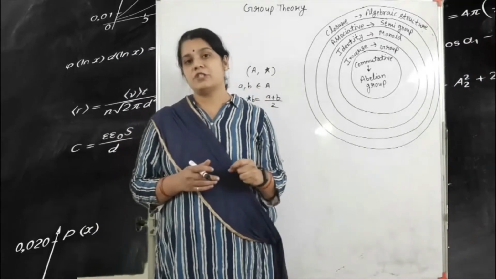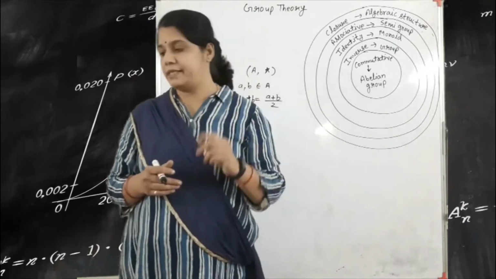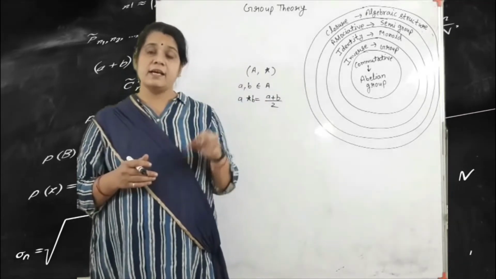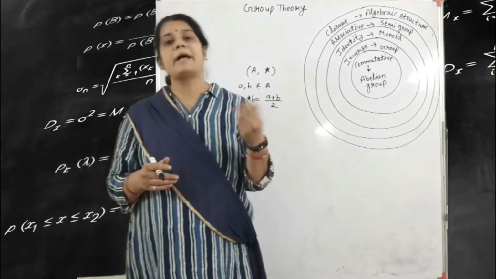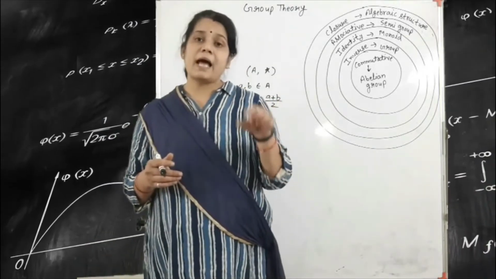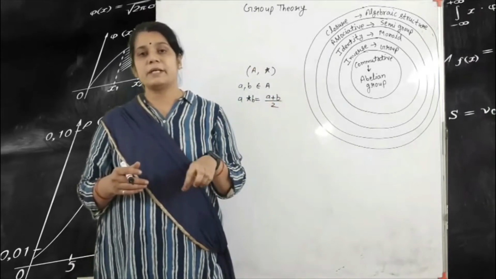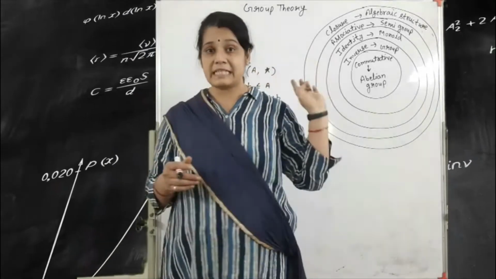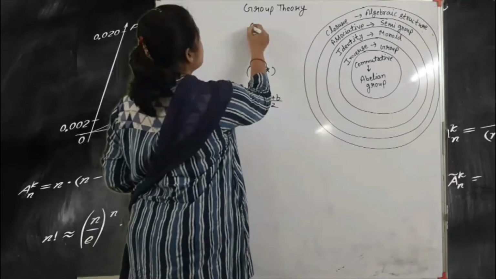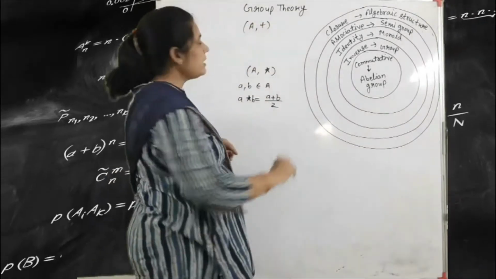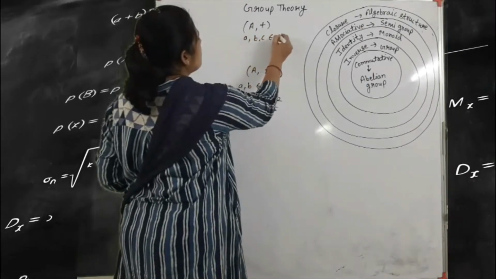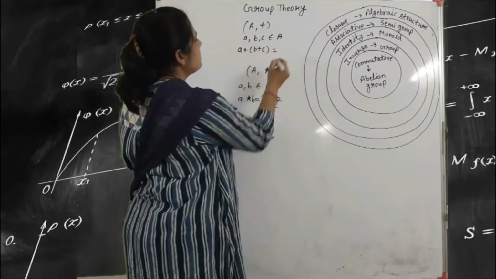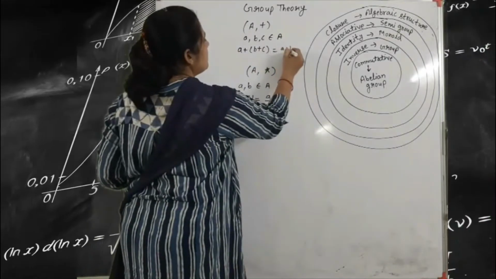What do you mean by the associative property? If we have three elements a, b and c belonging to set A, and the operation is, for example, plus or minus or multiply, then if we apply this operation on these three elements, we get a plus b plus c, which also belongs to set A. For example, we consider the set A and the operation is plus, and a, b, c belong to set A. The associative property means (a plus b) plus c is equal to a plus (b plus c).